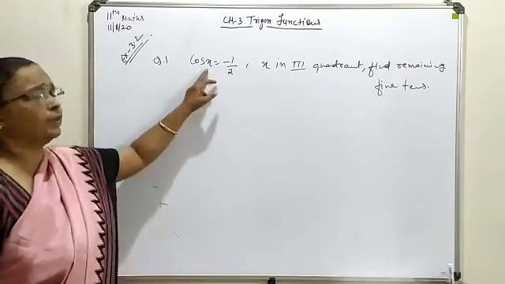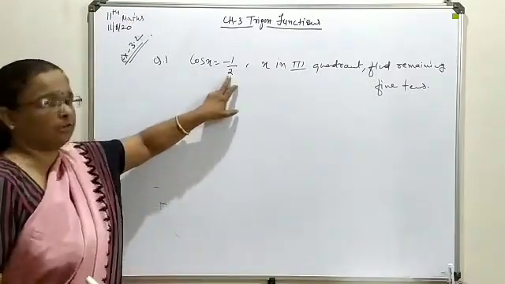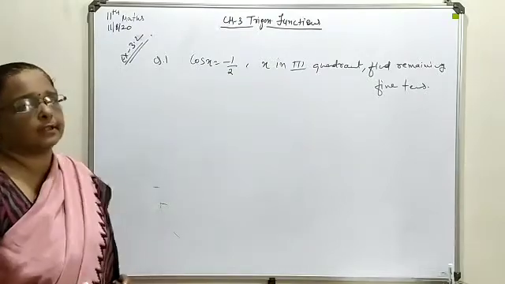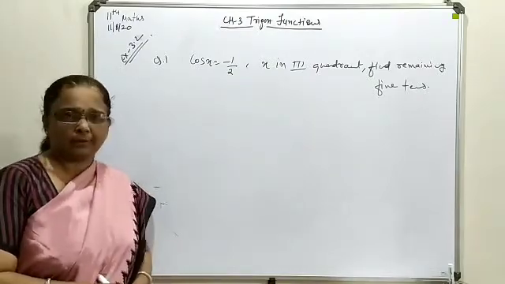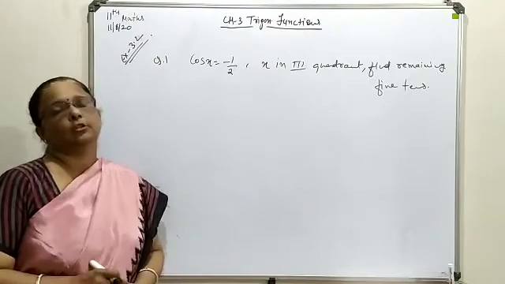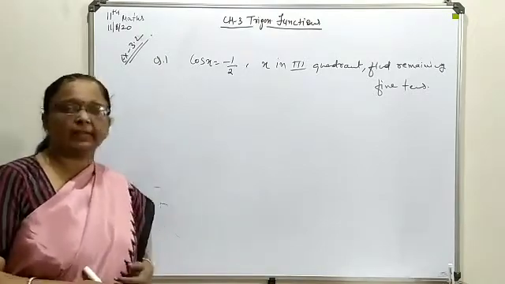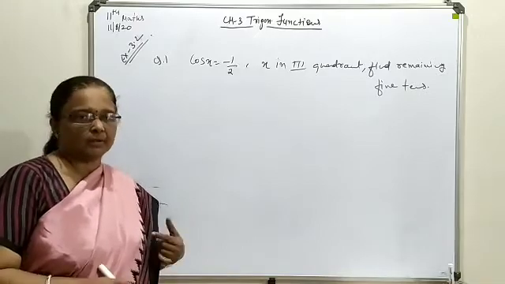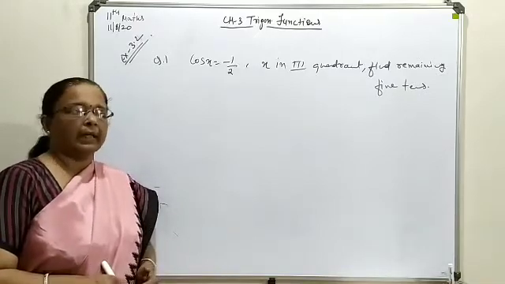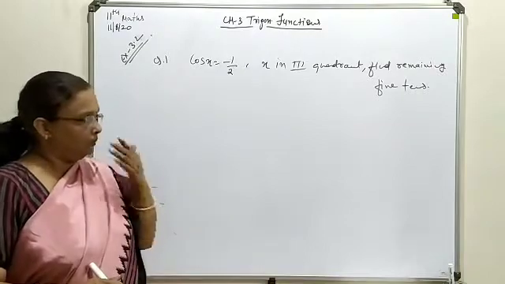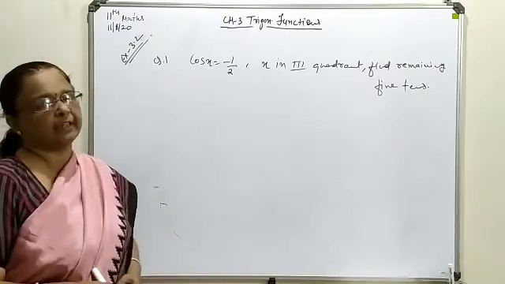How to find it out? First of all, we look at this cos and its respective value. We know cos is a ratio of base to hypotenuse, means here the altitude or the opposite side is missing. So first of all, we will find out that missing side on the basis of the Pythagoras theorem, and then we will introduce here the remaining 5 terms.